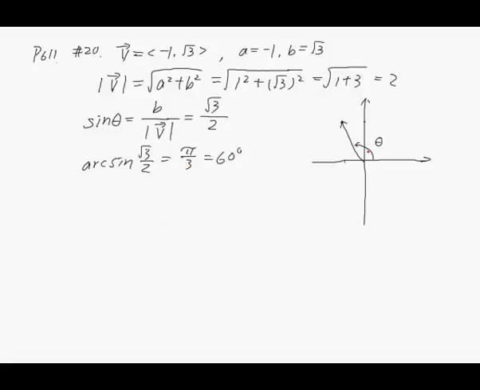But this theta is in quadrant 2, so actually theta, as the obtuse solution to this equation, should be equal to 180 degrees minus this 60 degrees. So that should be equal to 120 degrees.